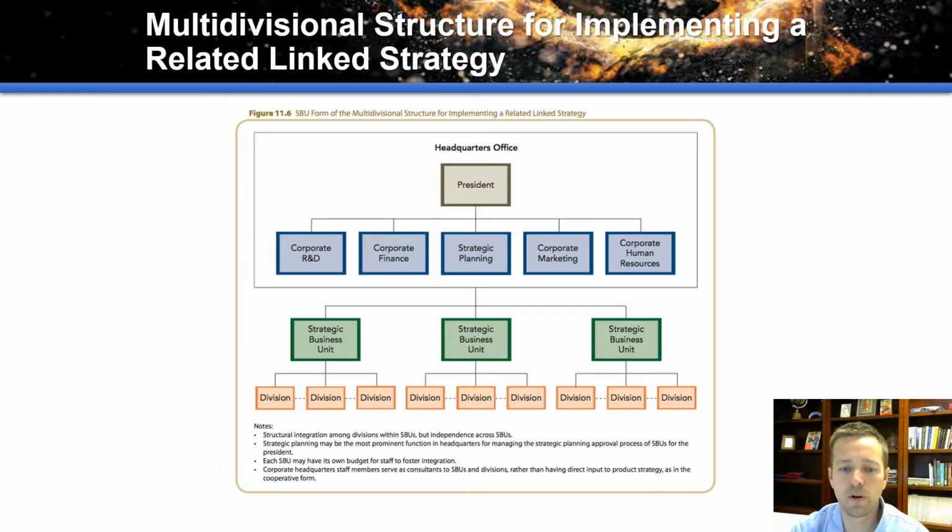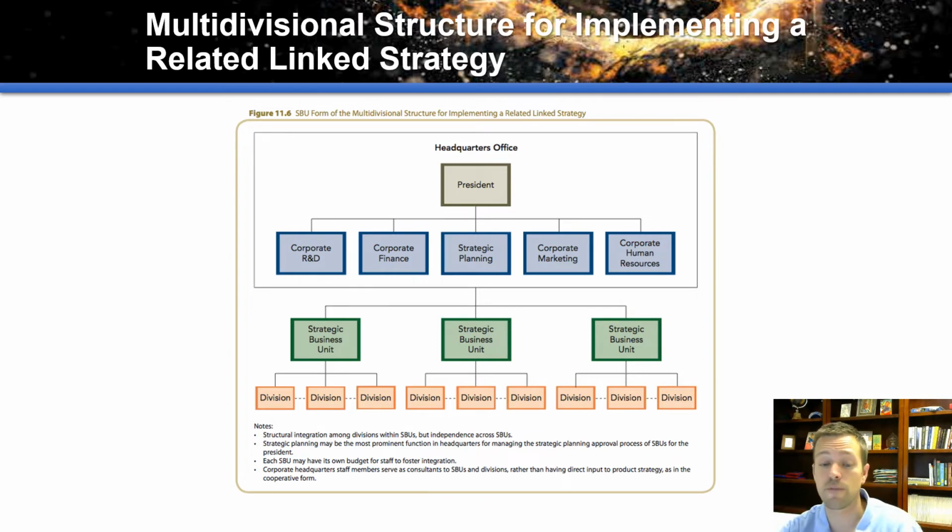The one in the middle is called the strategic business unit form. All right, and it's good for implementing a related linked strategy. In other words, there are related strategies, related product groups that fit together, and those are linked. But then there are some that aren't. And the strategic business units, the company is divided into strategic business units.